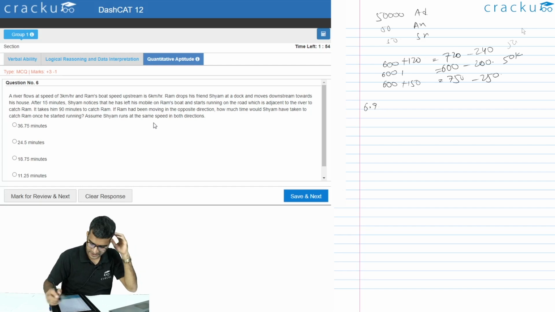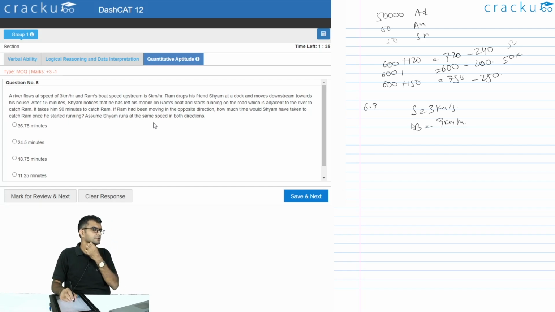Not good. The river flows at speed of 3 kilometers per hour, and transport speed is 3 kilometers per hour, and port is 6 kilometers, 9 kilometers per hour.